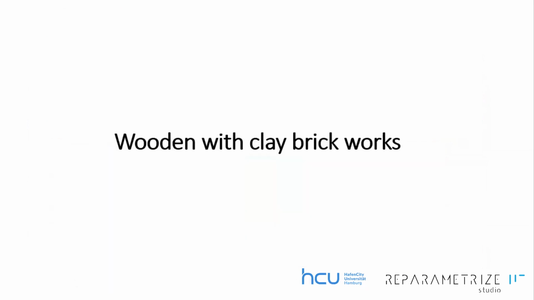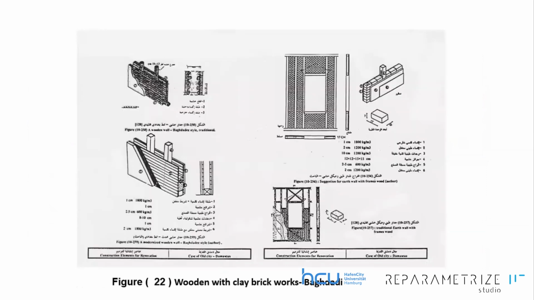The third one is a very important traditional element: wooden clay brick work. This type of wall is used on the second floor, because as we explained from the beginning, we need a not heavy structure on the top.